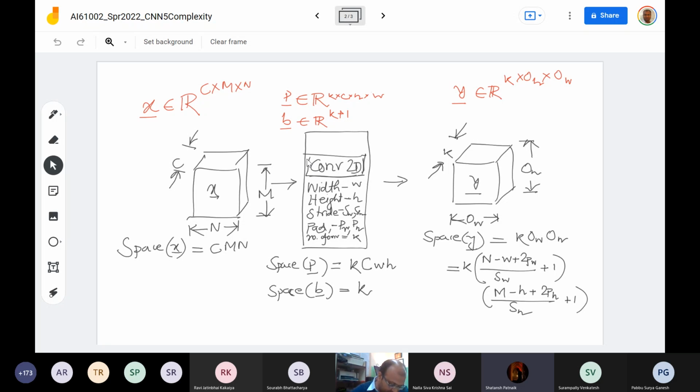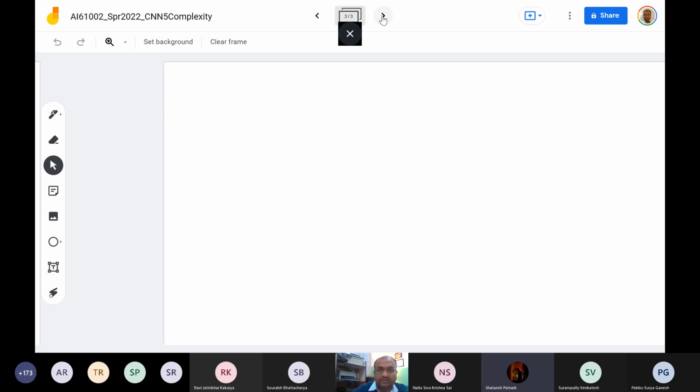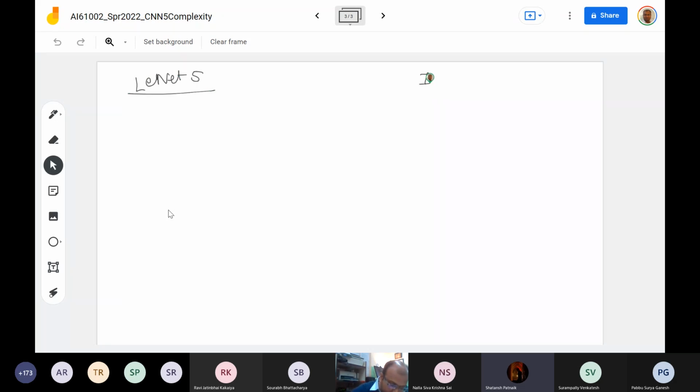So now let us solve this one for a practical network. Let us look into LeNet-5. Your input X belongs to R power of 1 cross 32 cross 32.